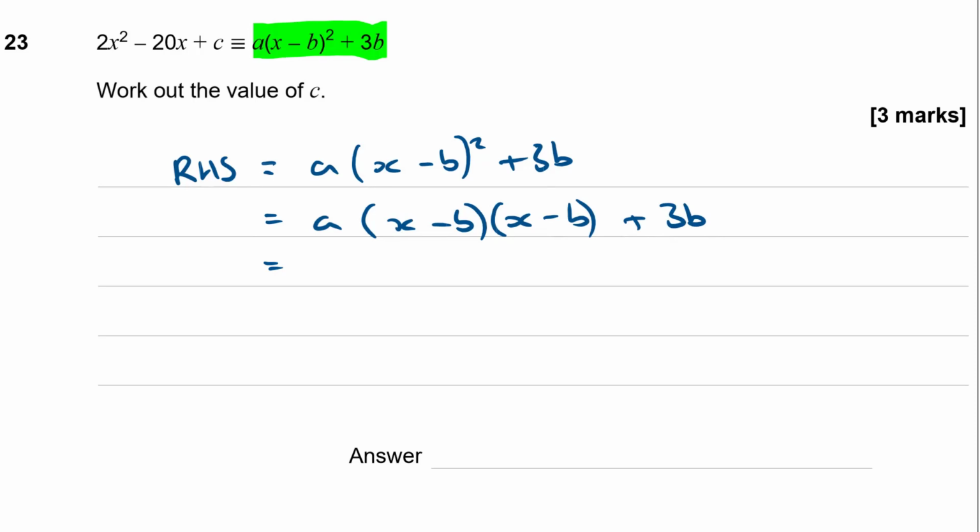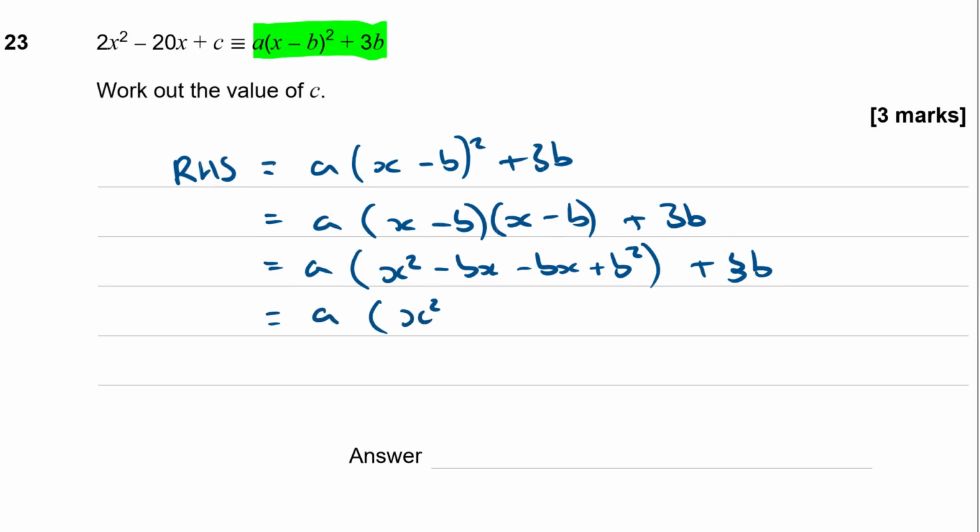And then that's a lots of x squared minus bx minus bx plus b squared plus 3b, which is a lots of x squared minus 2bx plus b squared plus 3b.